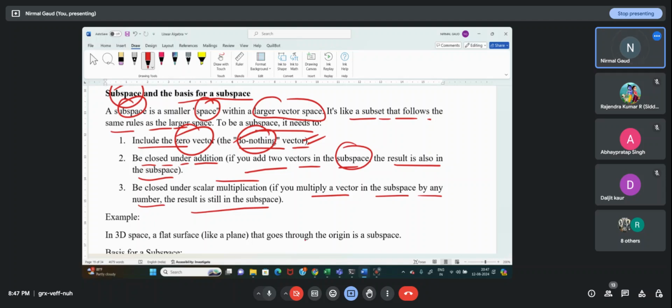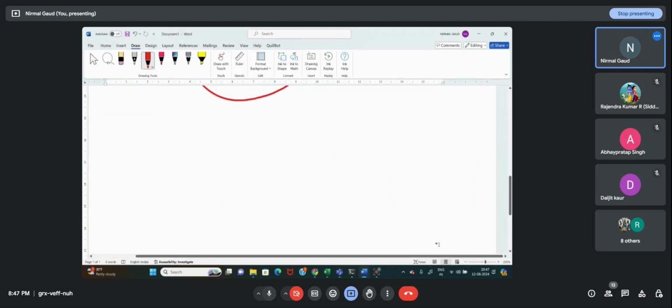Also, it is closed under addition. That means if two vectors get added, the resultant vector should also come under the same subspace only. So A vector plus B vector will result in C vector, and C vector should also be present in that subspace only. To be very simple, again I am having 2D.